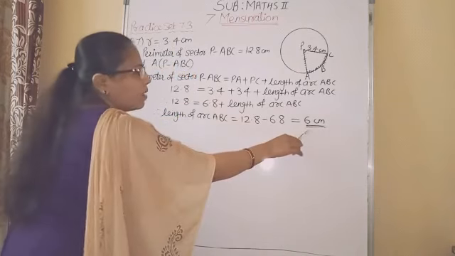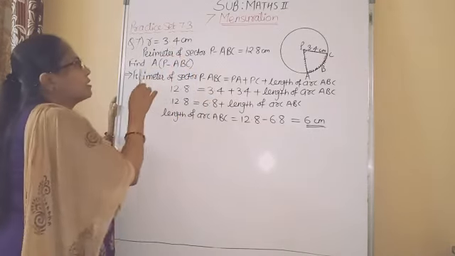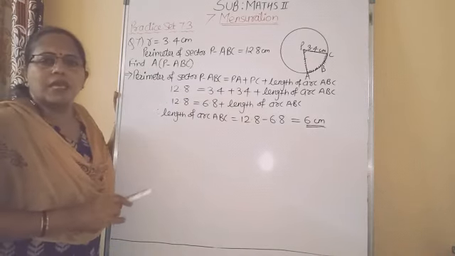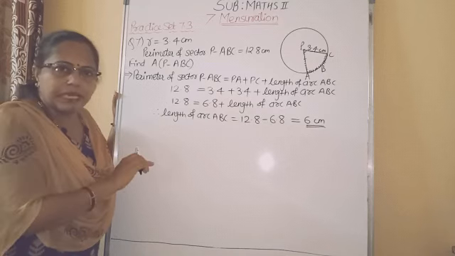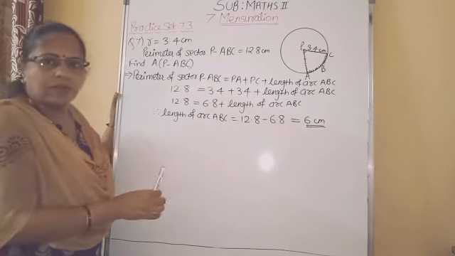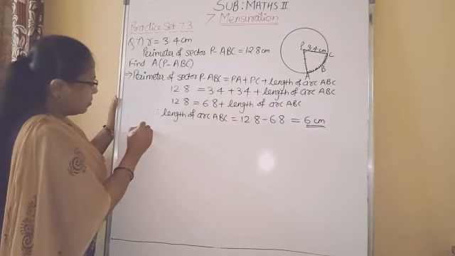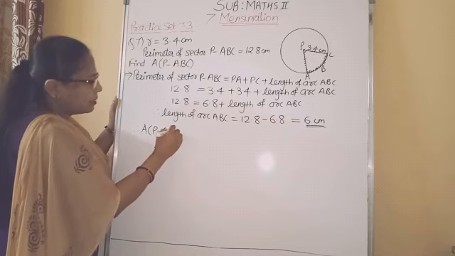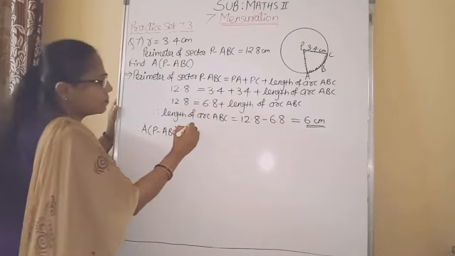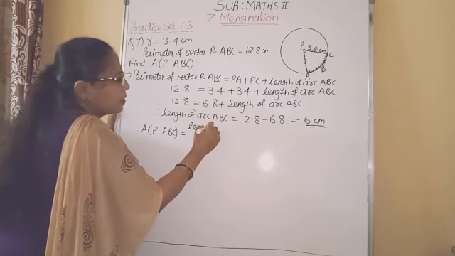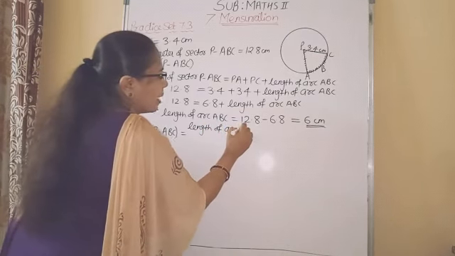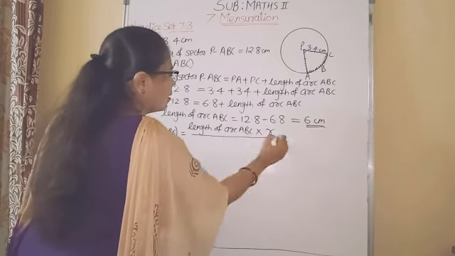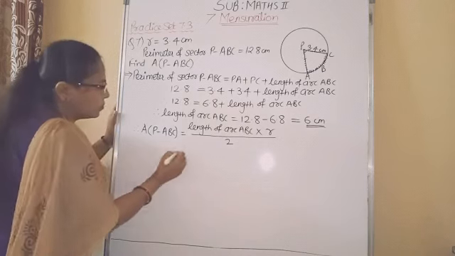So we have the length of arc, we have the radius of the circle. To find the area of the sector, we have to use the relation between area of sector and length of arc. Therefore, area of sector P-ABC is equal to length of arc ABC multiplied by radius r divided by 2.